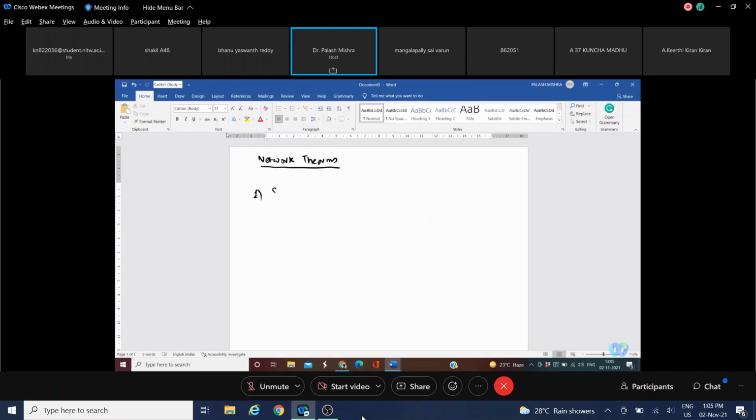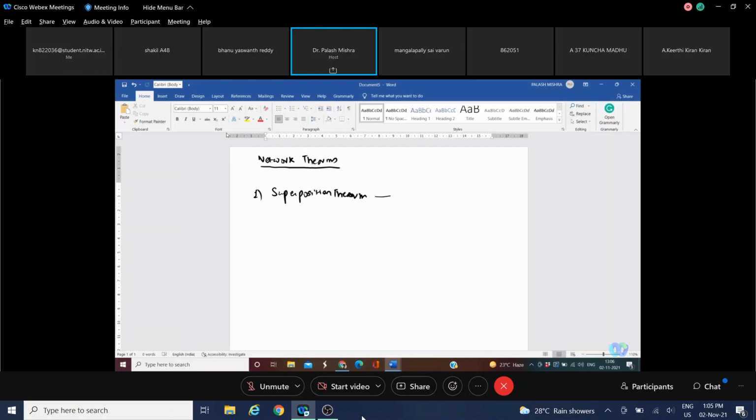The network theorem you must have read in your first year is the superposition theorem. This theorem says that if you have to find the response in any element of a circuit having multiple sources, then the response is the algebraic addition of the responses due to all the sources present in the system, taken individually.